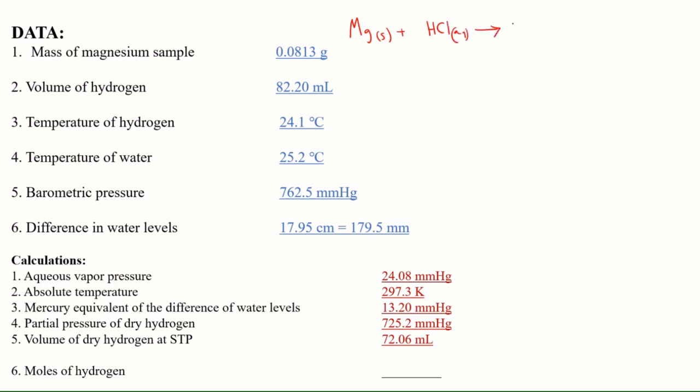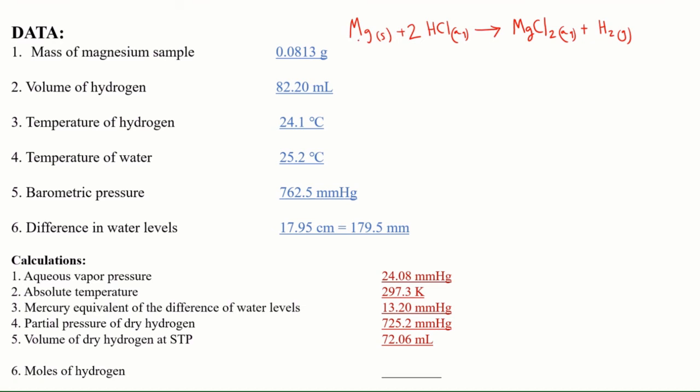This was a redox reaction and a single displacement reaction. Magnesium replaced hydrogen and it became magnesium chloride, aqueous, and the protons from hydrogen were reduced to hydrogen gas. And to make this a balanced equation, we'd add a coefficient 2 in front of HCl. So HCl is our excess reagent, magnesium is our limiting reagent.